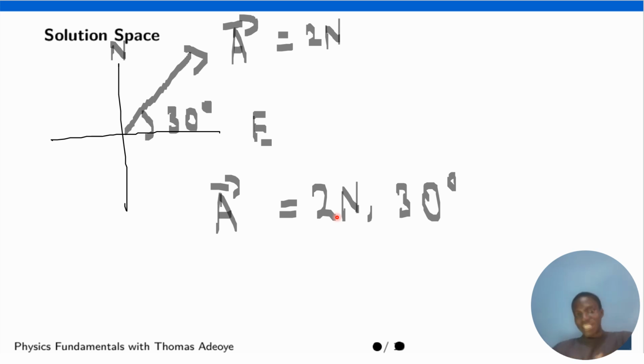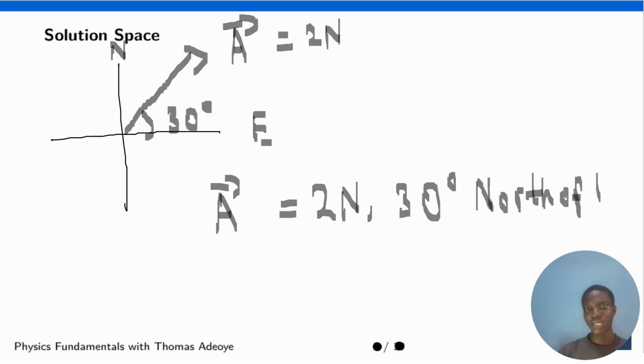The angle is measured from east, or inclined to east. But another thing I want you to know is that you can also represent it this way.